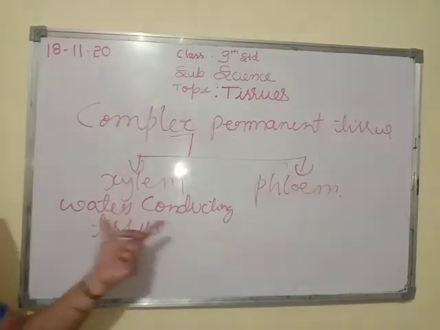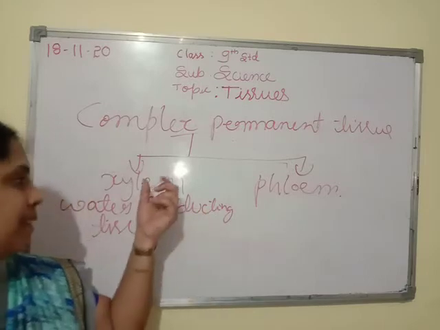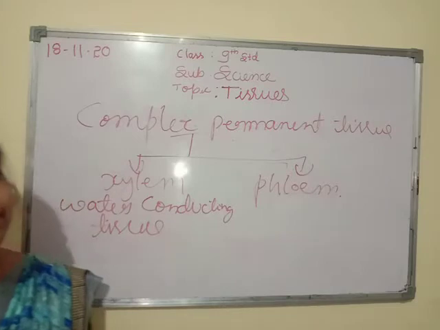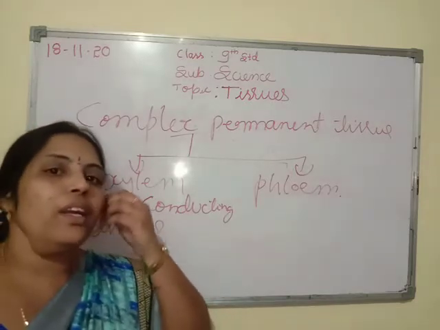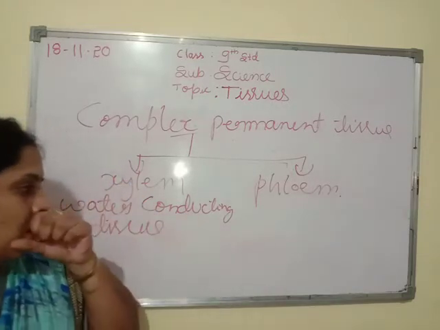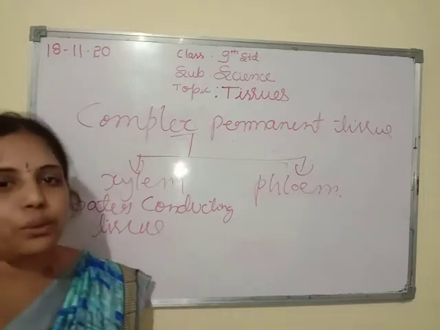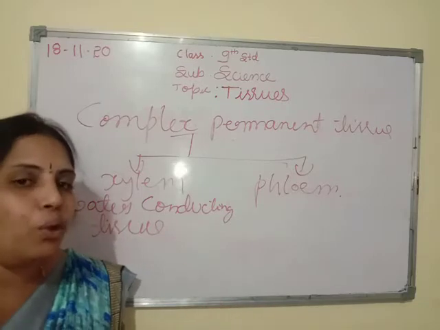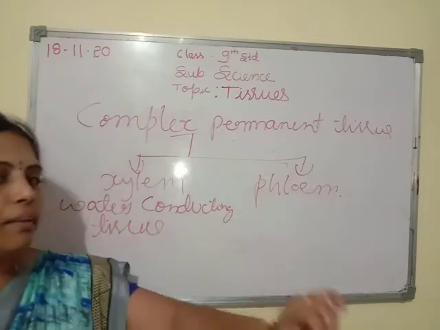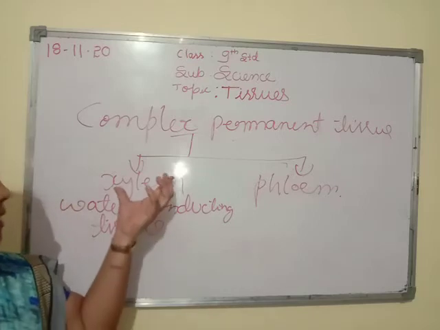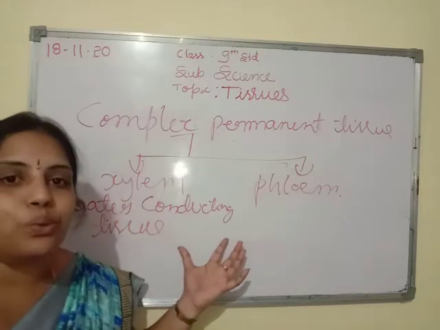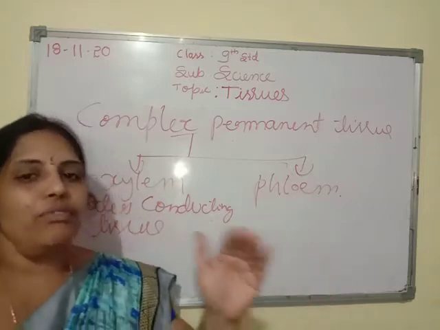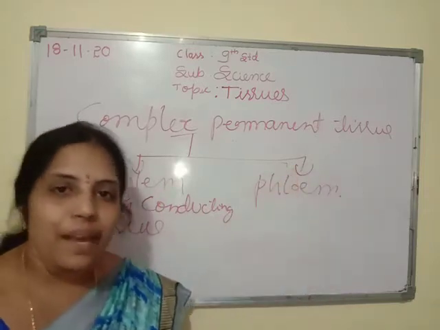This xylem tissue helps in the conduction of water in the plant. You already know, children, that water is absorbed by the root and then transported to other parts of the plant. Which tissue is responsible for that? It is nothing but xylem tissue. This xylem tissue helps in the conduction of water from the root to other parts of the plant.